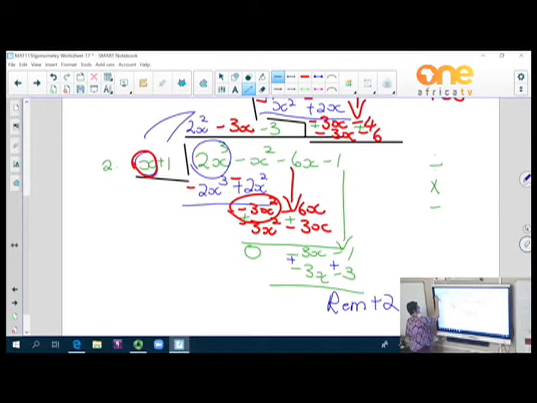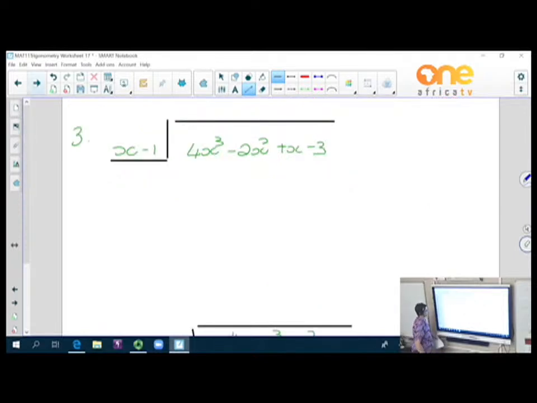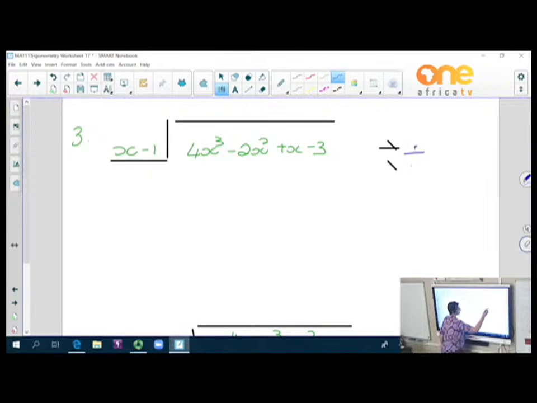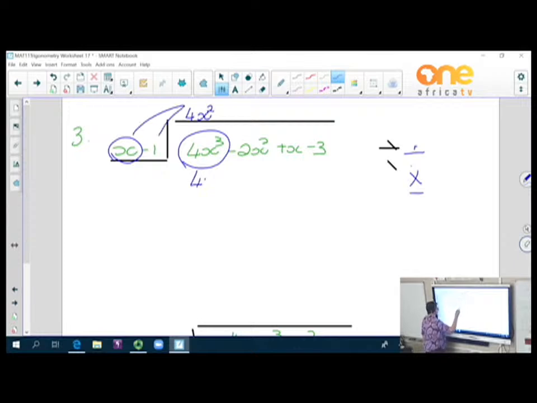Right. Number 3. Divide, multiply, subtract. How many times will x divide into 4x to the power of 3? 4x squared. Multiply with each one. So then it is 4x^3 minus 4x squared.